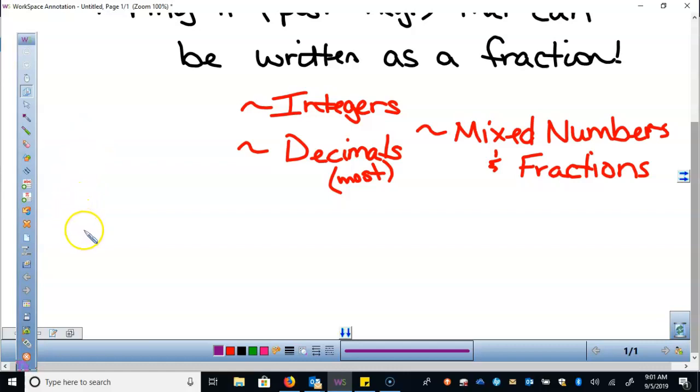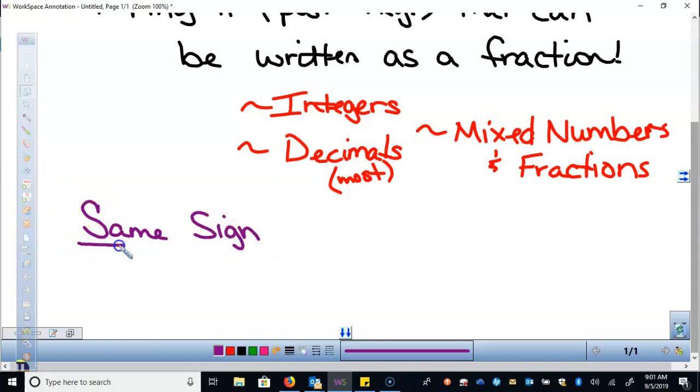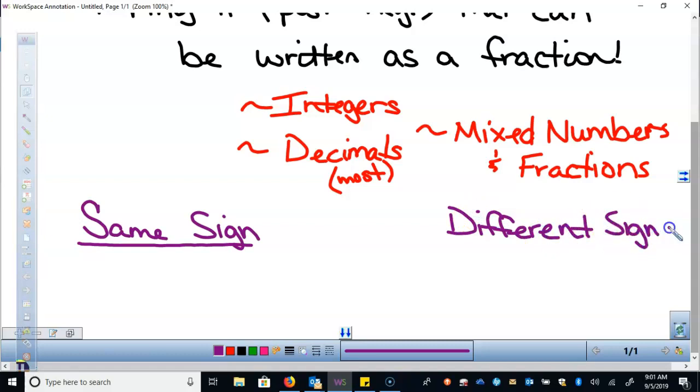When we are adding rational numbers, two different things can happen. We can have the same sign, where we have both positive numbers or both negative numbers, or we could have different signs, where one value is positive and one value is negative.